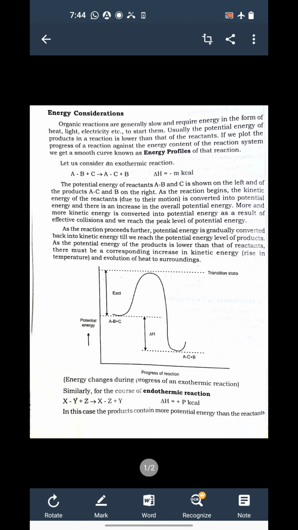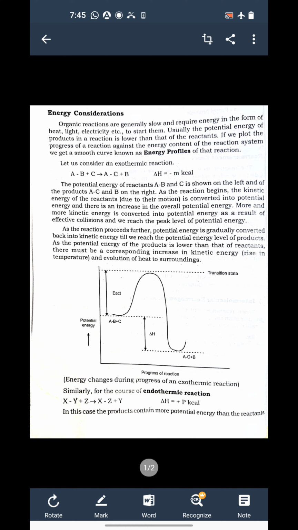From the left side of the curve, we started with the potential energy of the reactant, and as soon as the reaction proceeds, kinetic energy gets converted into potential energy. That's why we are going to get product. After the maxima, the transition state, the potential energy again goes on decreasing, and ultimately kinetic energy goes on increasing.